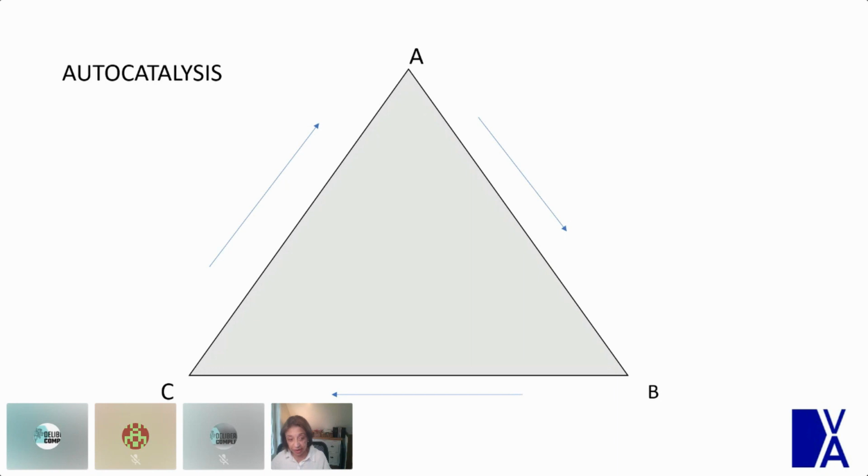It turns out to be another catalyst. And that B, likewise, as a catalyst, accelerates the likelihood that C will happen.